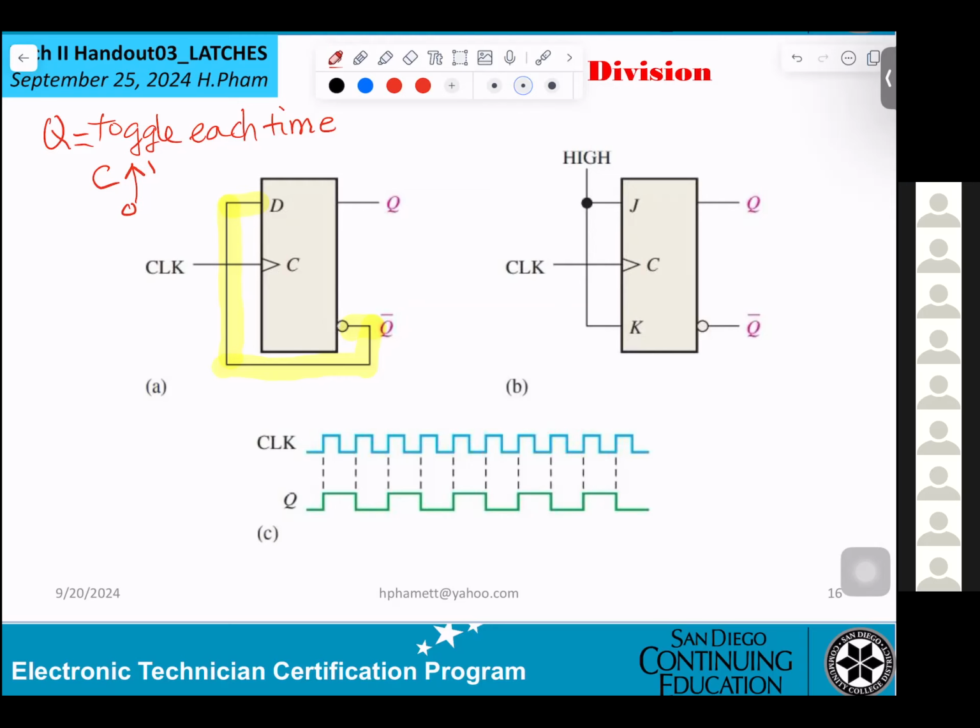That applies the same for the JK when they tie to 1. We can say the same.